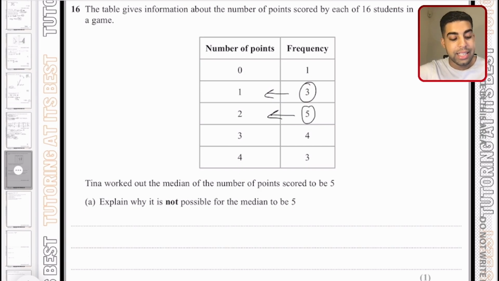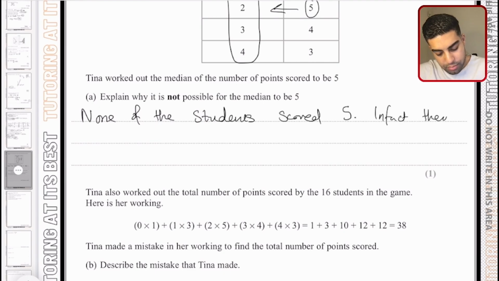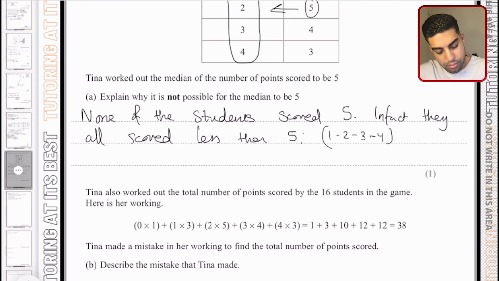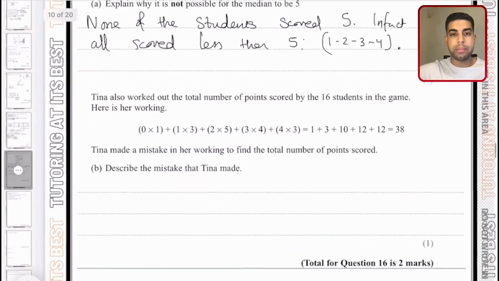And in fact, none of the students have scored 5 points. All of the points were simply lower than 5, and that would be our explanation. And there we are. Let's now move over to part B.